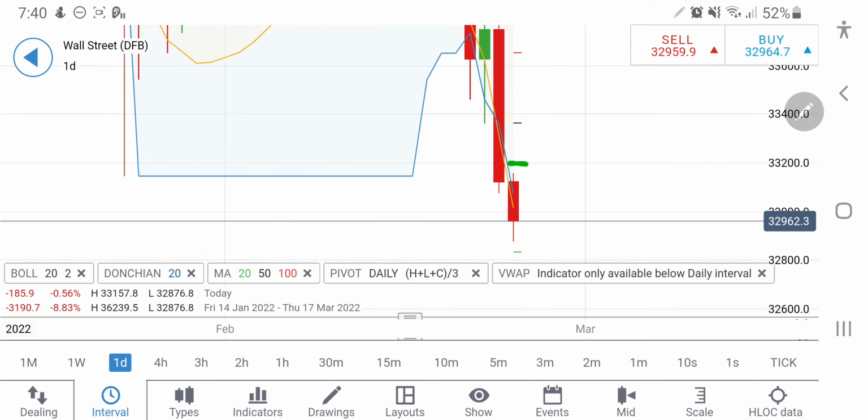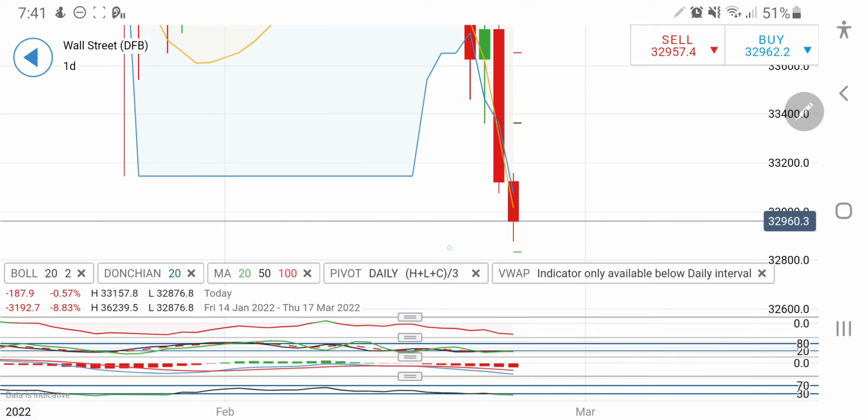So once it goes above 33200, then only I will recommend you take a long entry for 33400 levels and above. So any long entry is recommended beyond 33200 levels. That is the level beyond which I will expect it to be considered a reversal, and then 33350 and 33500 levels will come into picture.